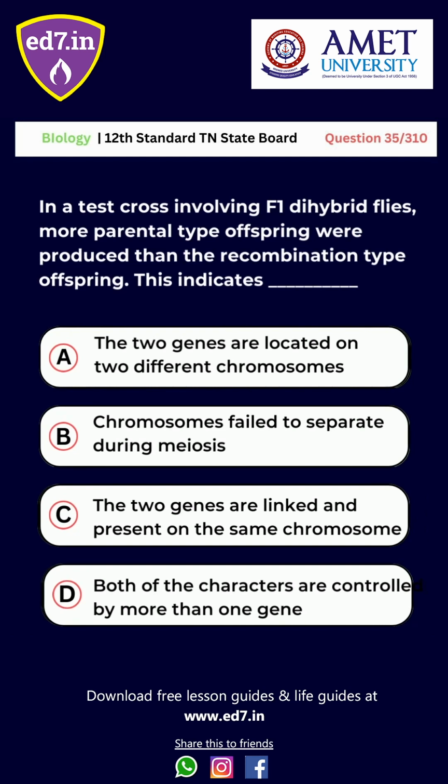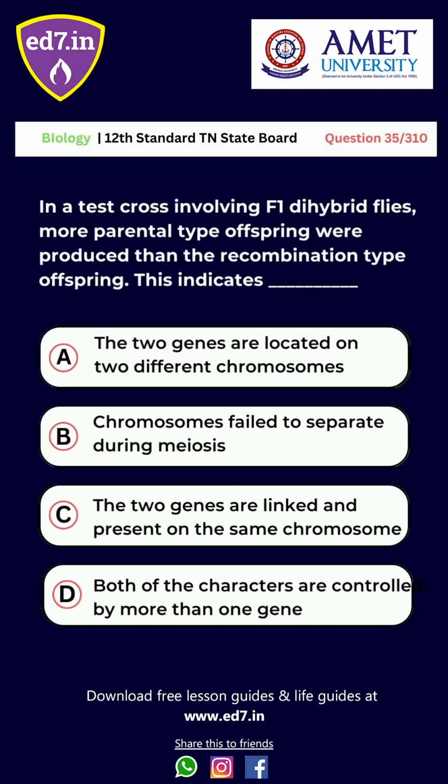Question number 35. In a test cross involving F1 dihybrid flies, more parental type offspring were produced than the recombination type of offspring. This indicates option A, the two genes are located on two different chromosomes.